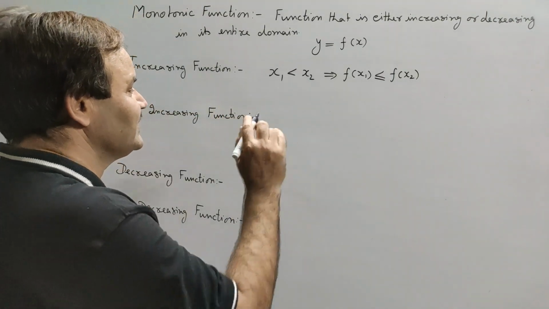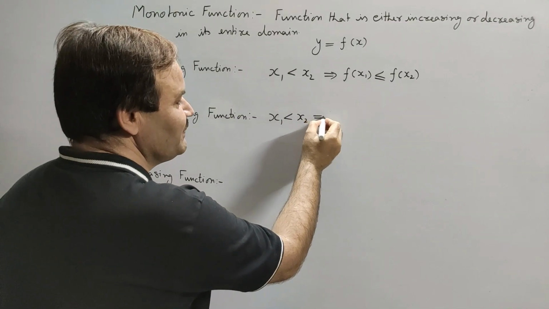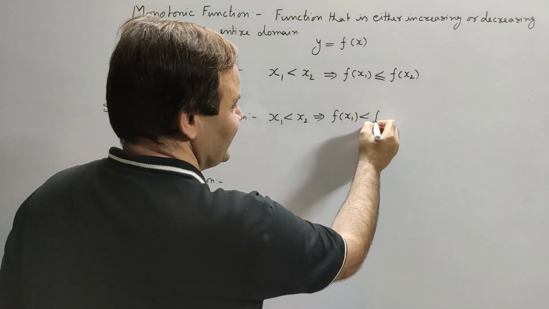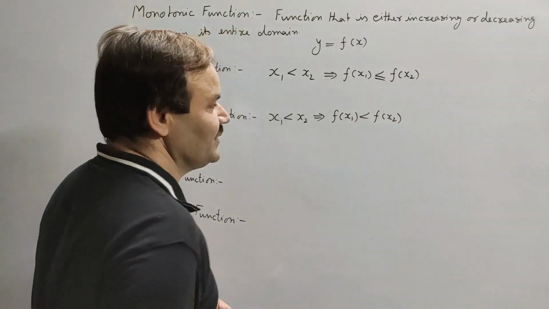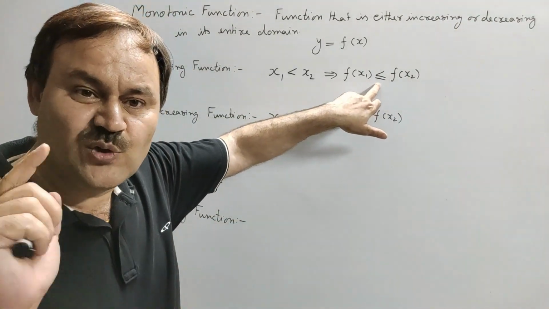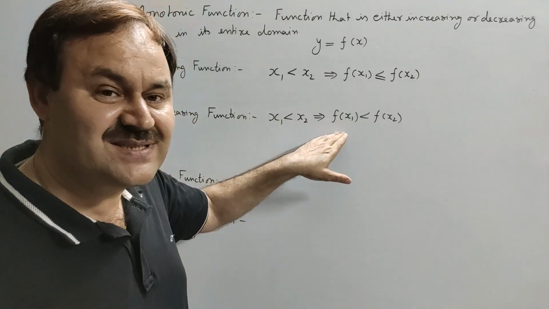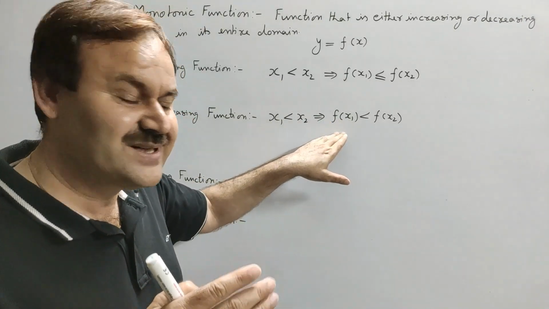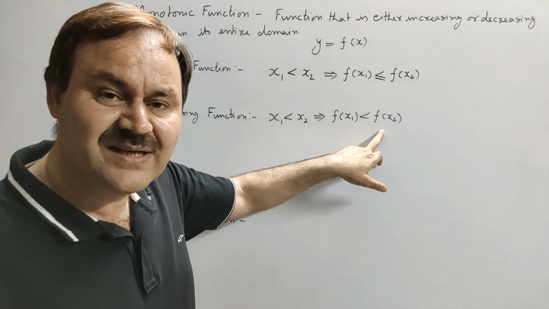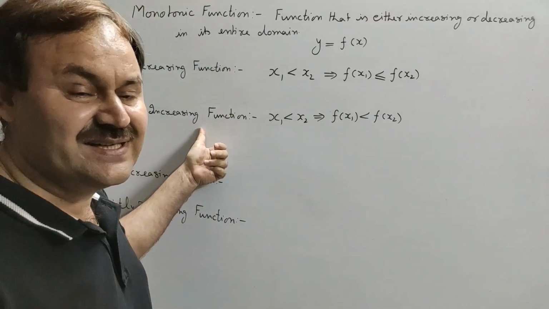But if x1 less than x2 implies f(x1) less than f(x2), it means the sign of equality is overruled. Then x1 less than x2 means the value of function at x1 is also less than the value of function at x2, then we will say that the function is strictly increasing.